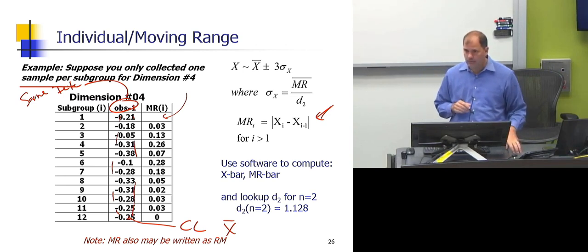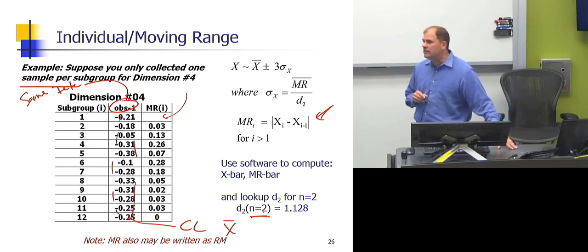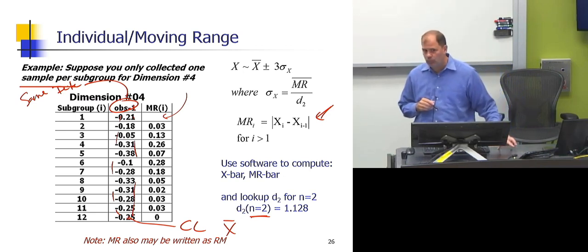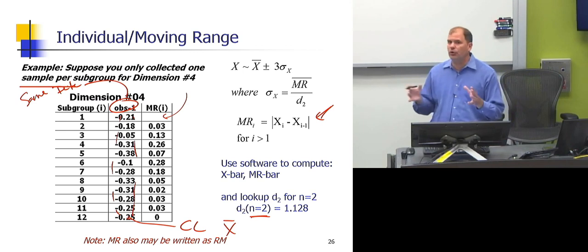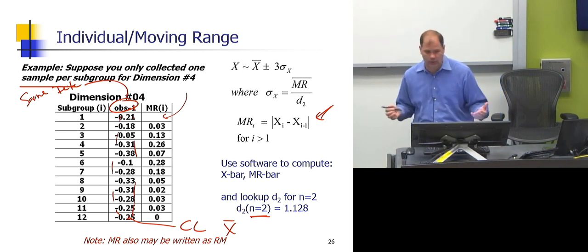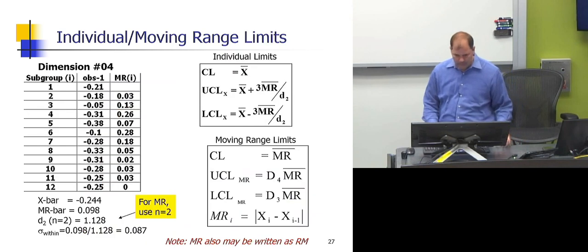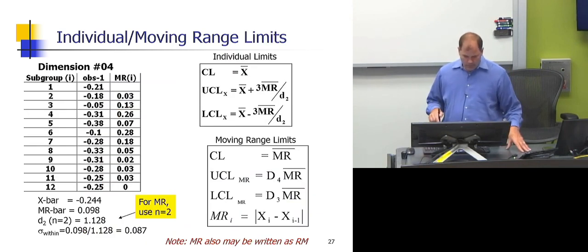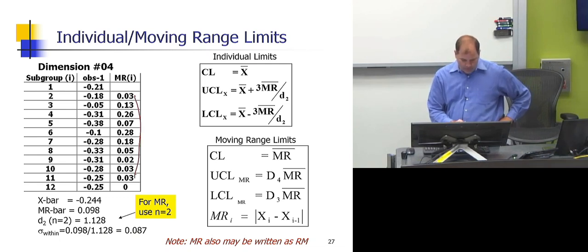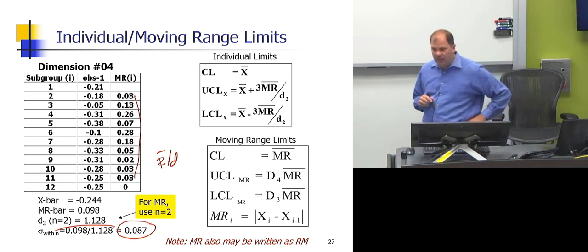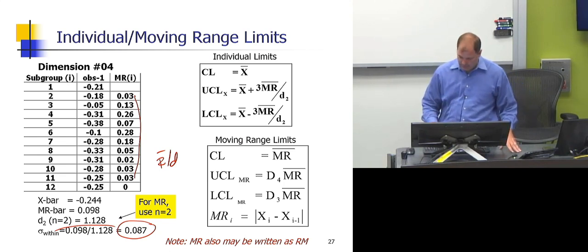Moving ranges, formula-wise, are going to be based on n equals 2. Again, this is not a pure estimate of within subgroup variation. It's the best I can do. If I take this same data, get a moving range, and use my R bar over D2 formula, my sigma within is 0.087.